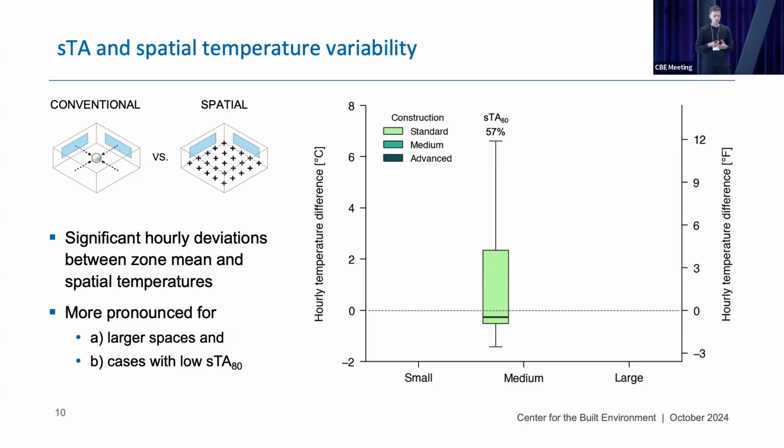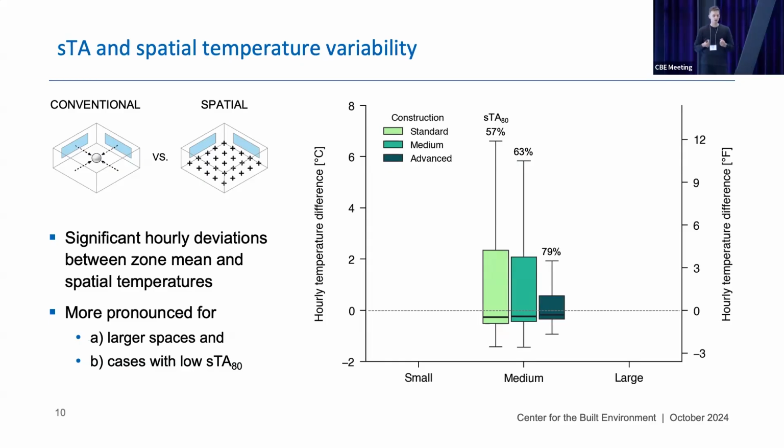And what we can see is that we have temperature differences going up to 7 degrees Celsius or 11 degrees Fahrenheit, which is quite significant. If we would just look into the zone mean for these particular hours, we wouldn't see any differences because we have only one point. And this is quite critical. So then if we look into other constructions, we can also see the impact of a slightly improved construction here.